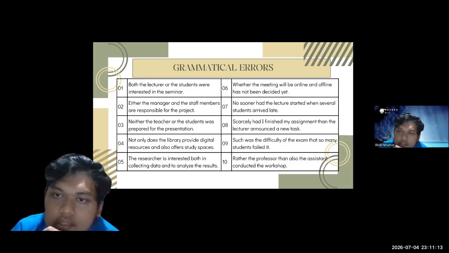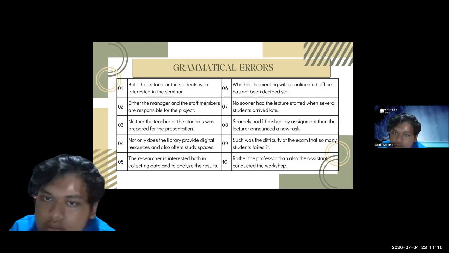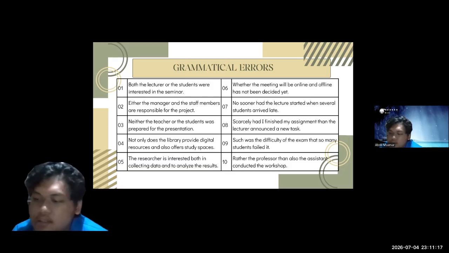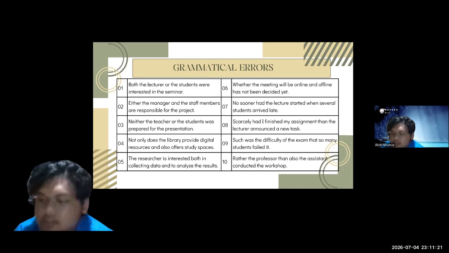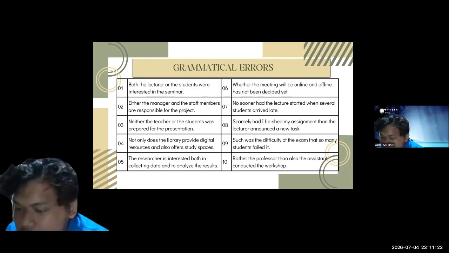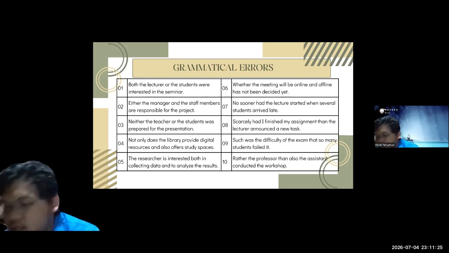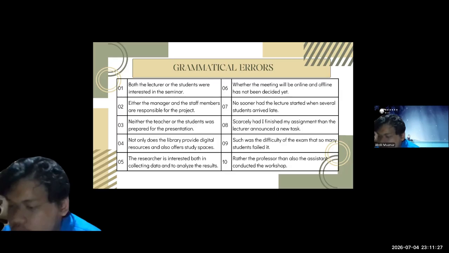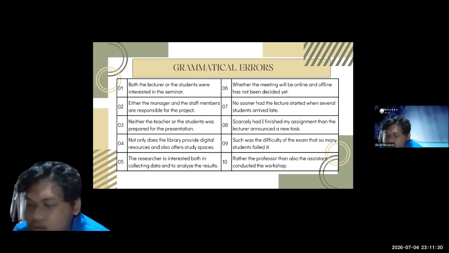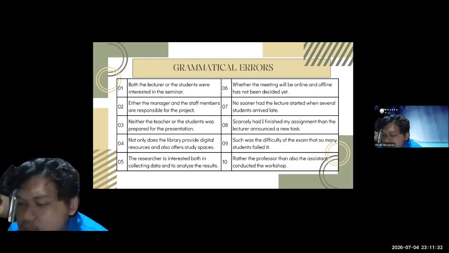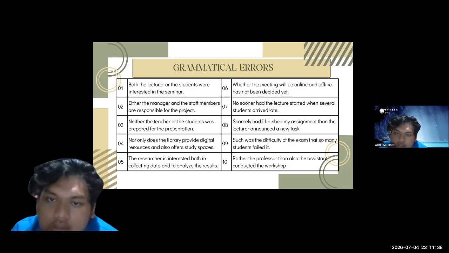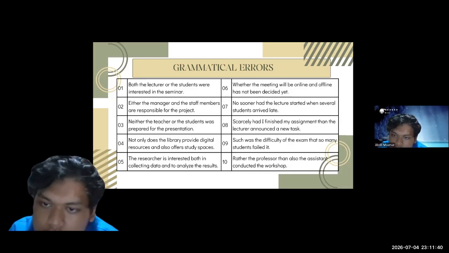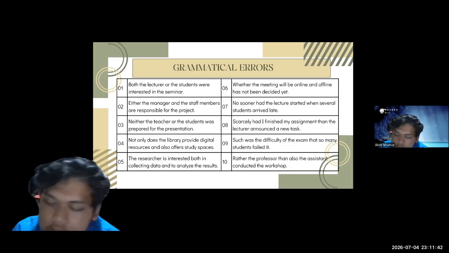No sooner had the lecture started when several students arrived late. When is a wrong correlative pair with no sooner. Like, scarcely had I finished my assignment that the lecturer announced a new text. Then is the wrong correlative pair to scarcely. Such was the difficulty of the exam that so many students failed it.